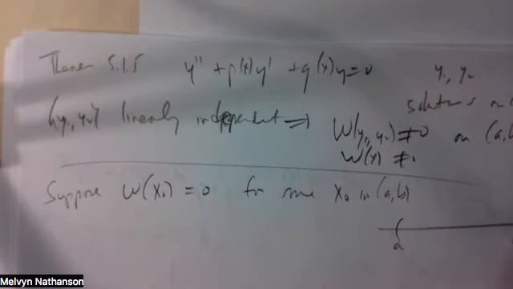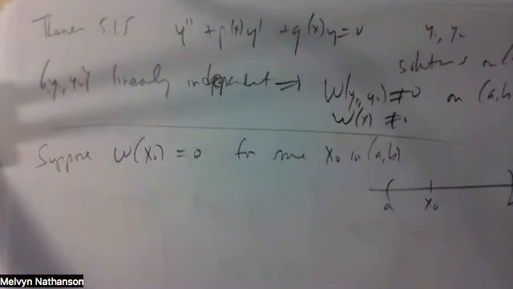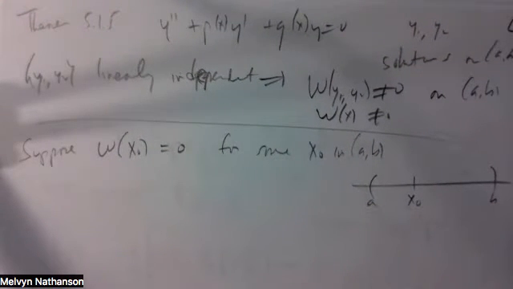So here we have this open interval from A to B, and there's a number x naught in that interval where the Wronskian is 0, which means the Wronskian, of course, is identically equal to 0.